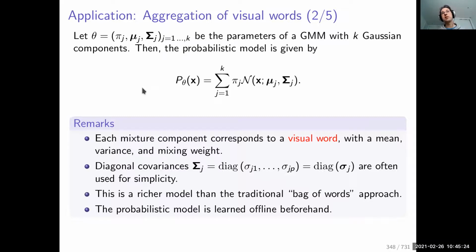For simplicity, at least in computer vision, because the dimensions were pretty large, the covariance matrices were often modeled as diagonal matrices. And the probabilistic model is the following one, and it's much more flexible than the simple Gaussian distribution. So it's actually a pretty rich model.